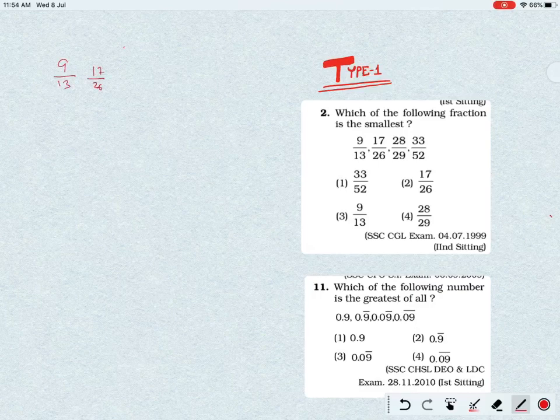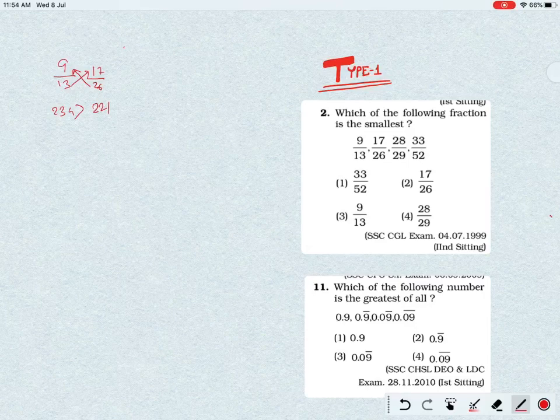We compare these two. We multiply 26 with 9 and 13 with 17. 26 into 9 will be 234, and then 13 into 17 will be 221. Then obviously 234 is bigger, therefore 9 by 13 is bigger.